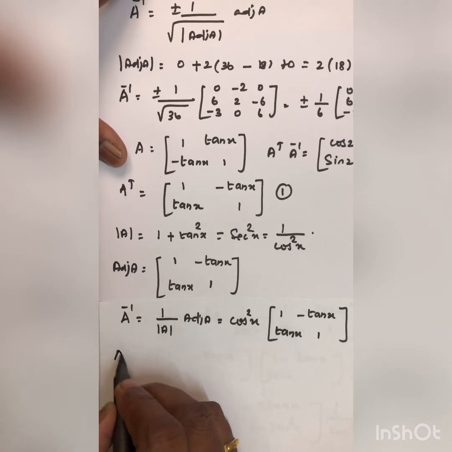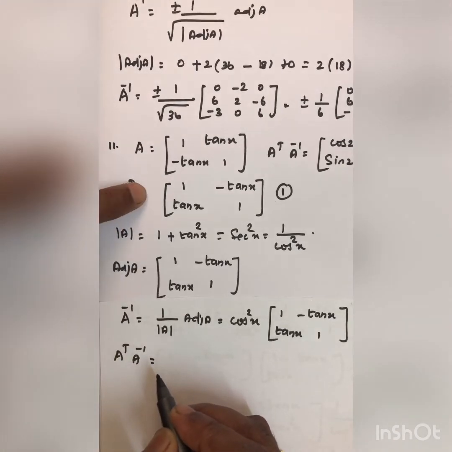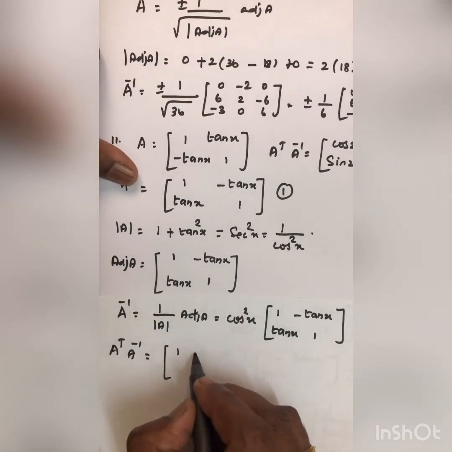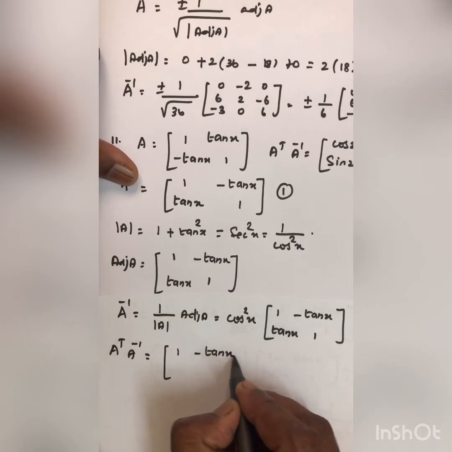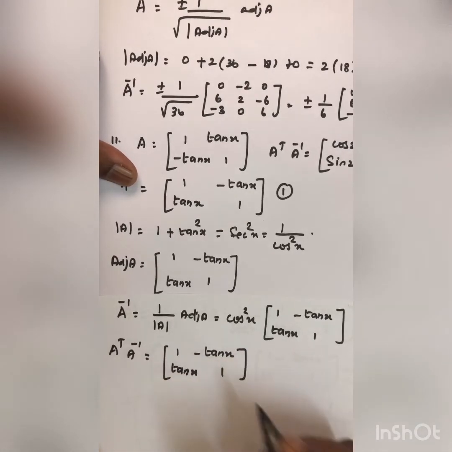Already we have A transpose, this matrix 1, minus tan x; tan x, 1.